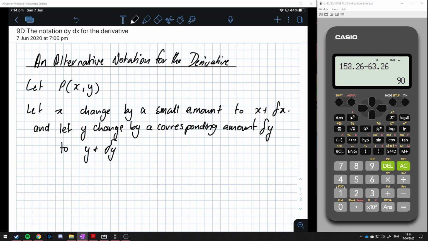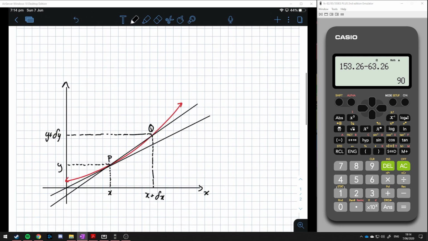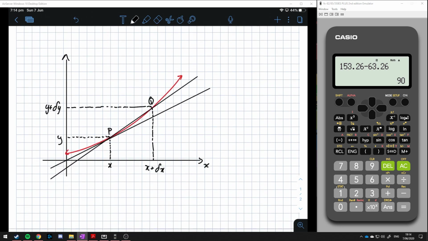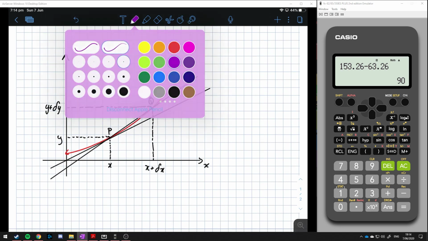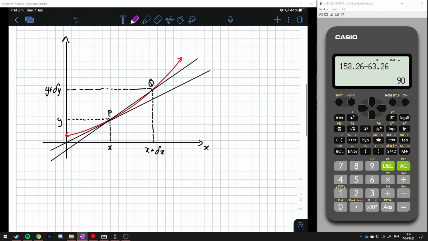Let's have a look and see what this means, and we'll come back and continue in a sec. As you can see over here, I'm going to use purple to indicate parts I'm drawing. We've picked some point over here, and we're going to let that point be (x, y), okay? So it's x along the x-axis and y along the y-axis.